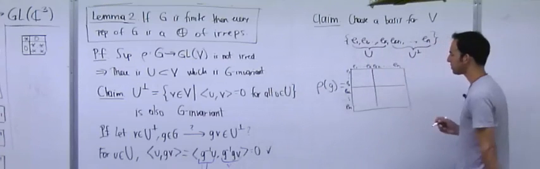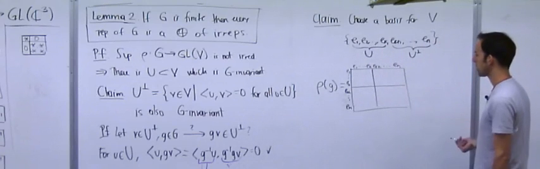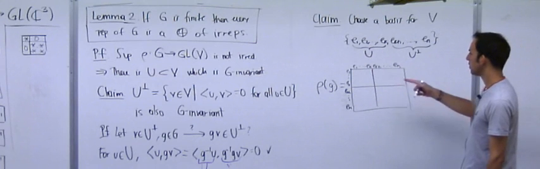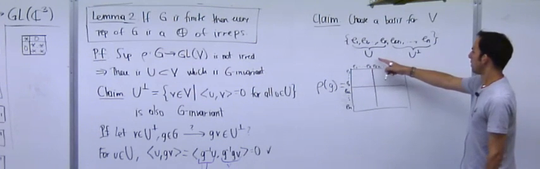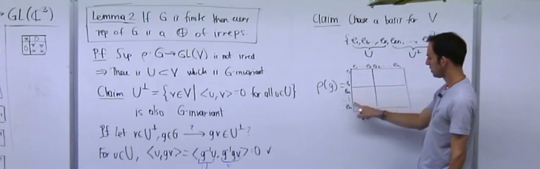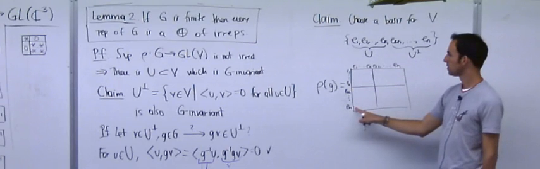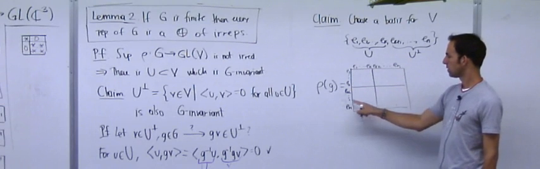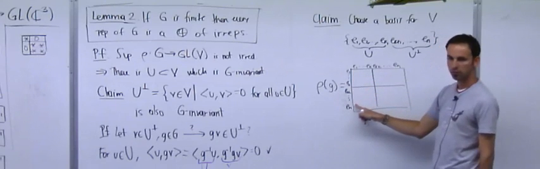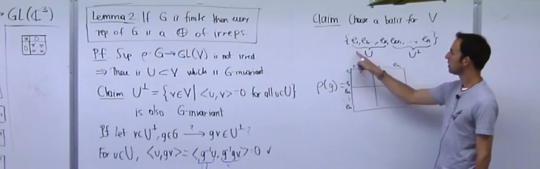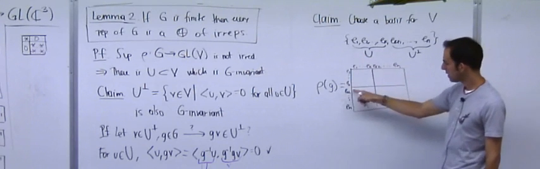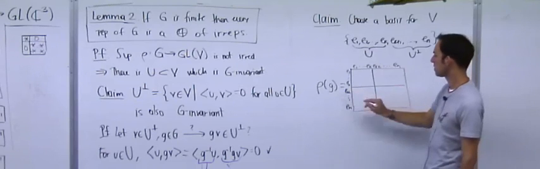And if you think about this, for example, this first column is going to be rho of g applied to E1, the first unit vector. E1 is in U, so that means that the answer is going to be spanned by U, and it doesn't need any of these guys, so these are all zeros.